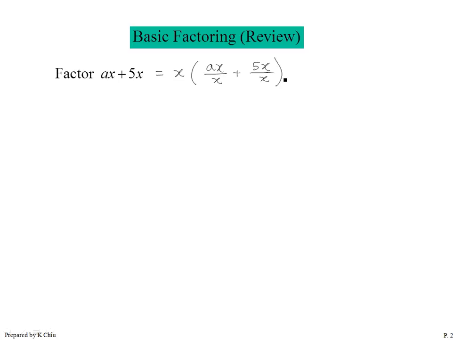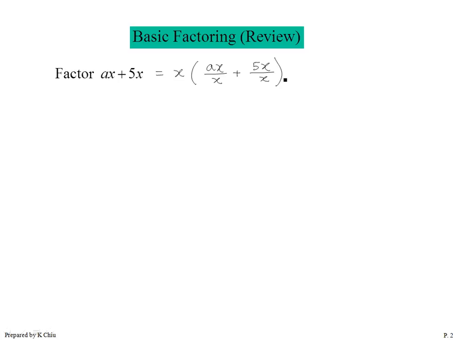Now, indeed, you can easily verify. We can distribute the x back into the parentheses. So we have x times the first fraction, and you see the x and the x cancel out, so you get back the ax, plus x times the second fraction.